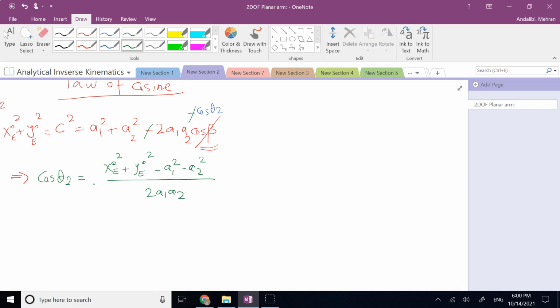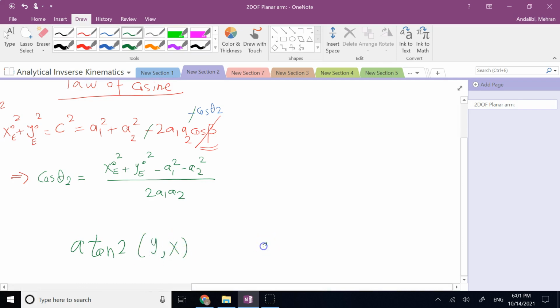So what we do typically in robotics, instead of the regular arctangent, which only takes the ratio of y over x, or arc cosine, we use this quadrant corrected function, which we call arctangent 2. There is this function in MATLAB, arctangent 2, which takes both y and x instead of the regular arctangent that takes what?